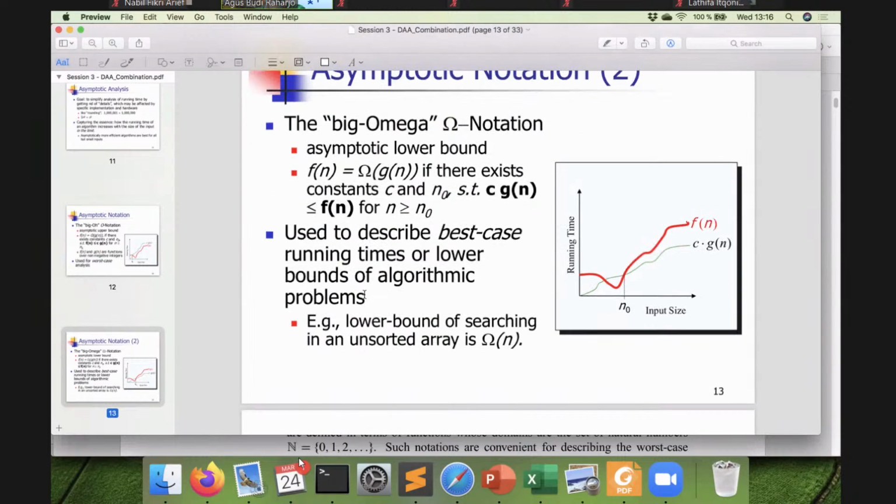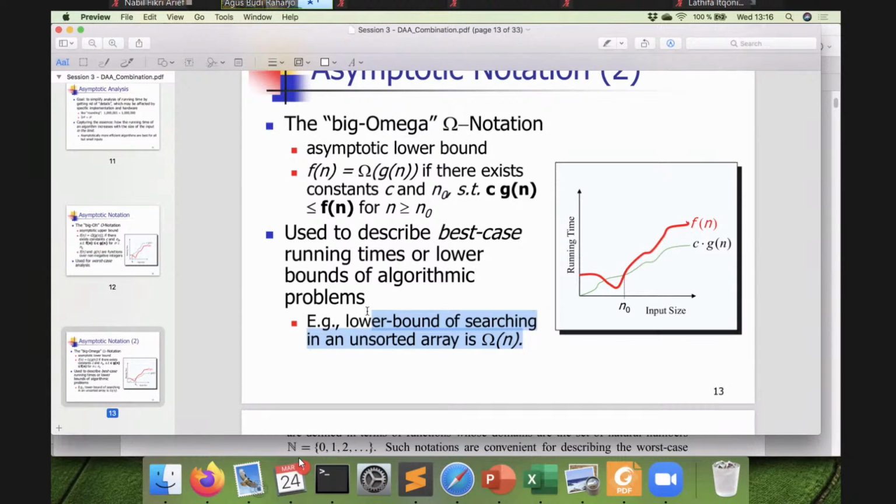Used to describe best case running times or lower bounds of algorithmic problems. The lower bound of searching in an unsorted array is big omega n. This is the example. When we are looking for an element in an array of size n, we visit it one by one. What's the worst case?